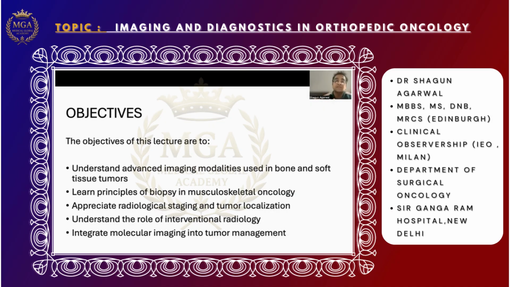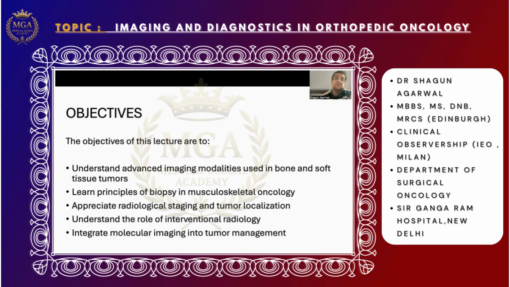So after this class, you'll know when to use an X-ray, when to use an MRI, when to use a CT scan, when to use a PET scan, what are the different types of bone scans available, and how to utilize all of them, how to read a basic MRI, and how to differentiate between the T1, T2 weighted images. So this is what I want you to learn from today's class.